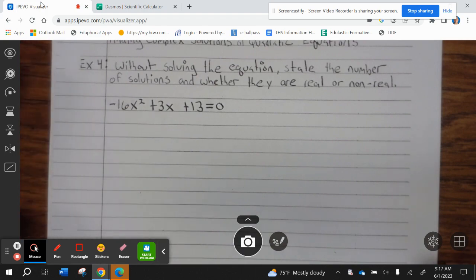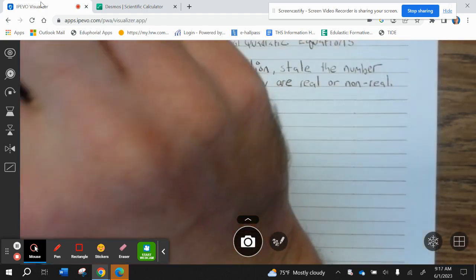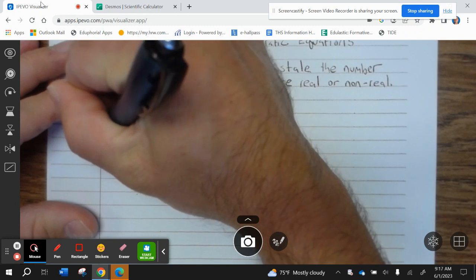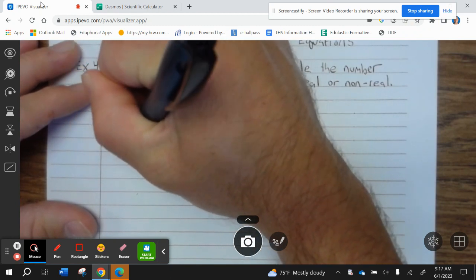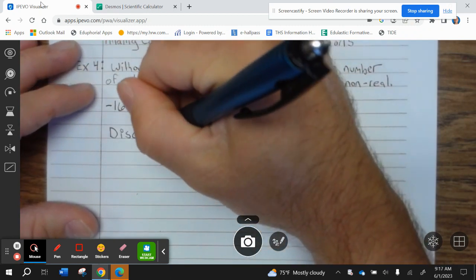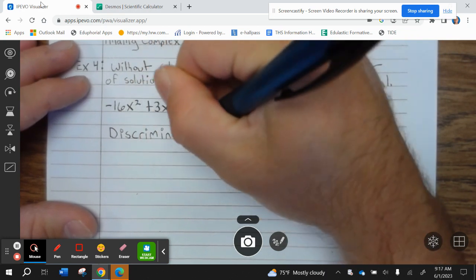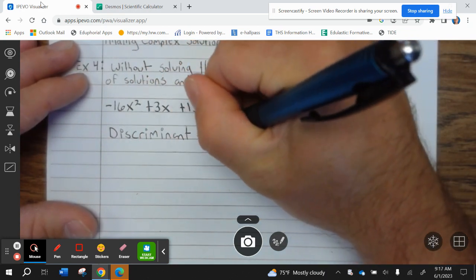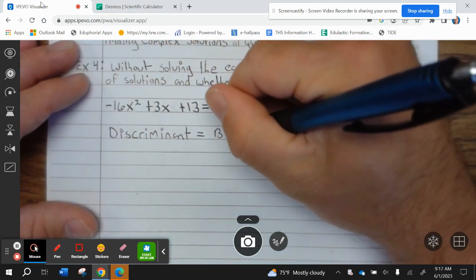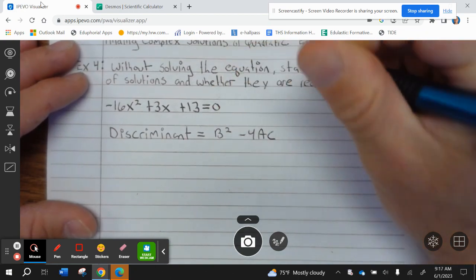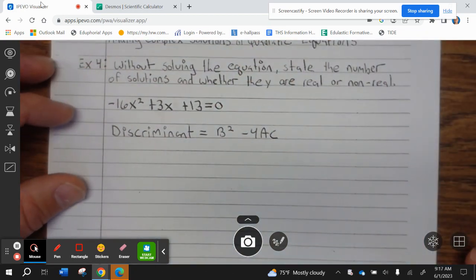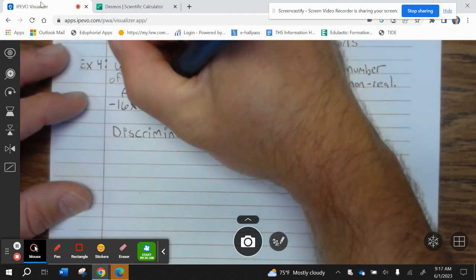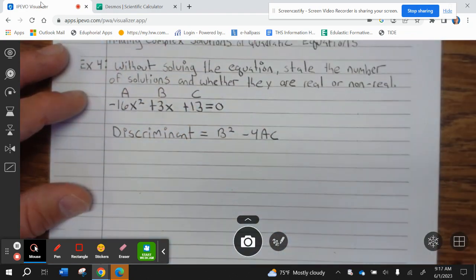So we're going to use the discriminant, which equals b squared minus 4ac. This is a, this is b, this is c.